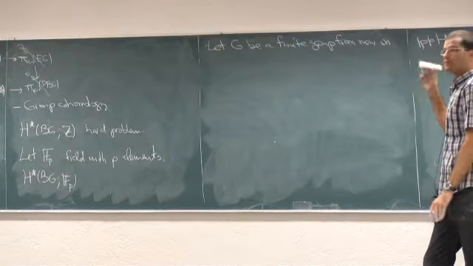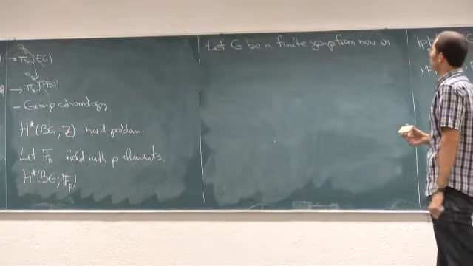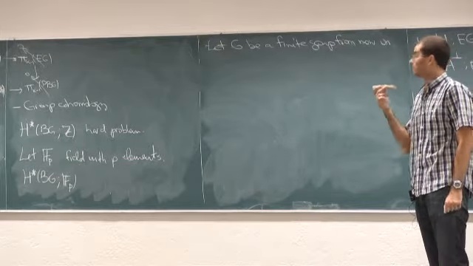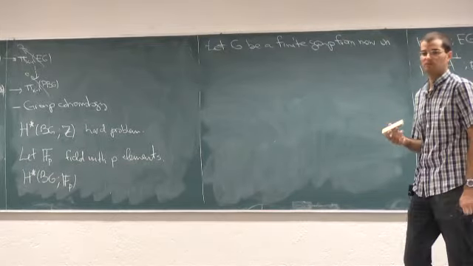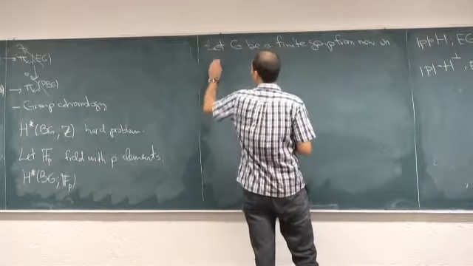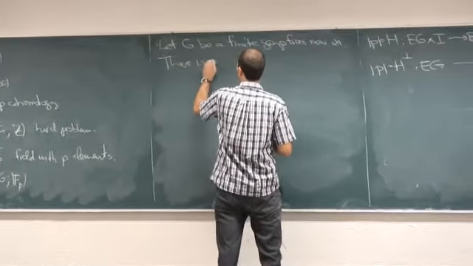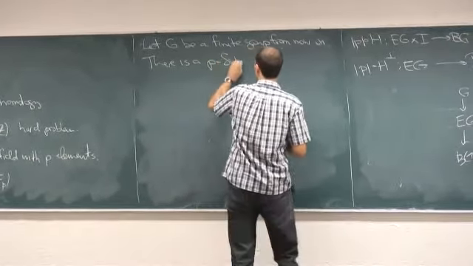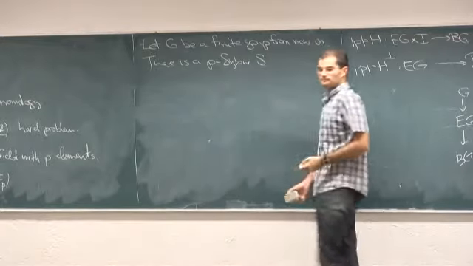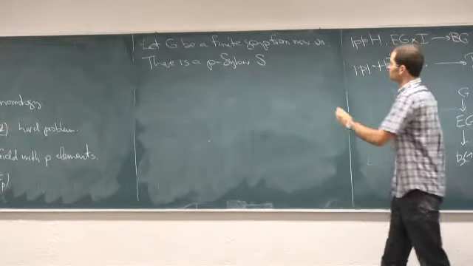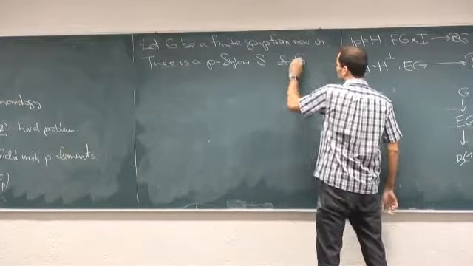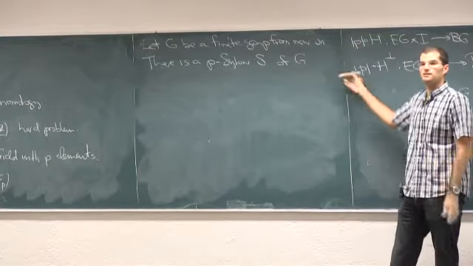So we know from group theory that for every finite group, and fixing a prime, we can find a Sylow subgroup. So there is a p-Sylow S of G. There's more than one, doesn't matter, just pick one.